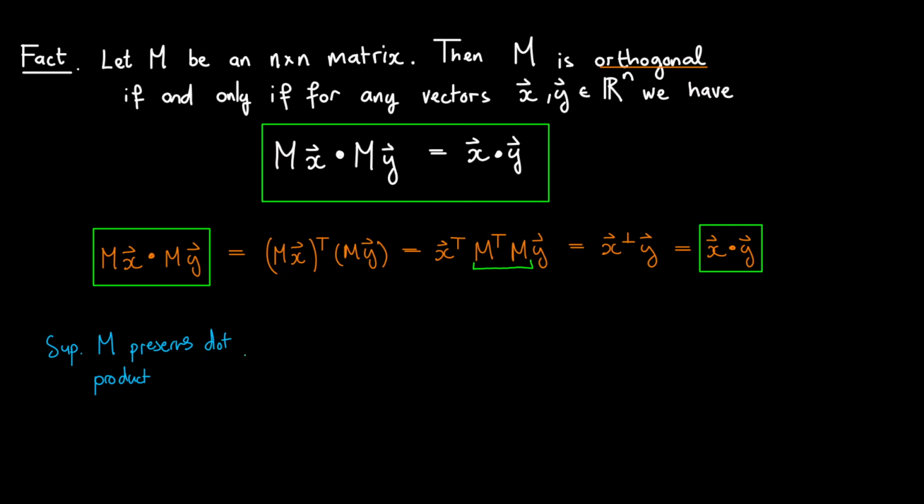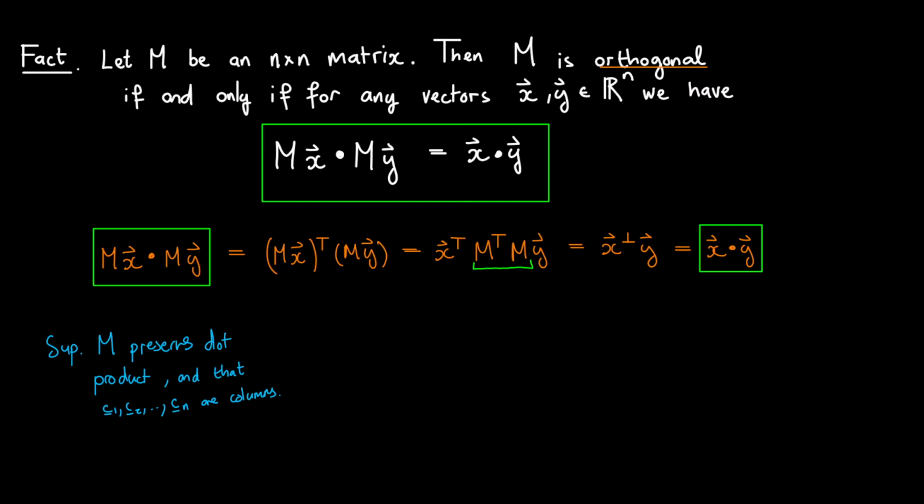So what we're going to do is also assume that C1, C2, all the way up to Cn are its columns. So M preserves dot products, and these are its columns here. C1 is the first column, C2 is the second column, and Cn is the last column.